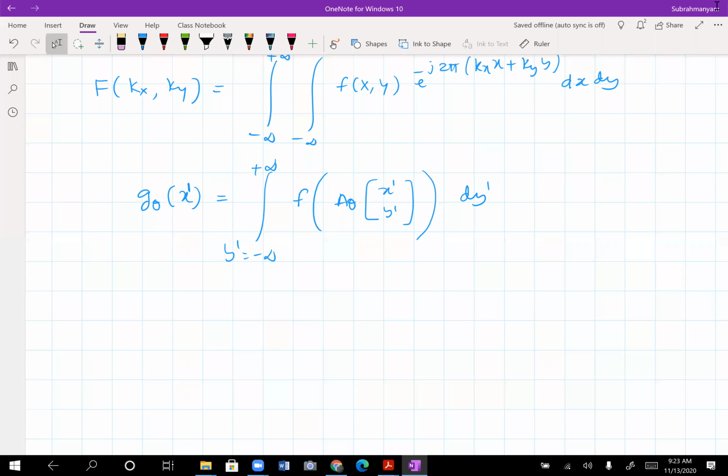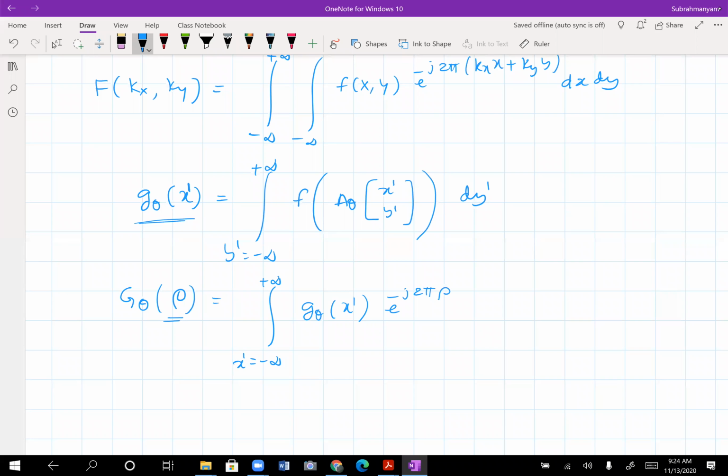Now, how do you write the expression for the Fourier transform of it? G theta of rho is equal to the integral over x prime, which is the variable I need to vary, from minus infinity to plus infinity, of g theta of x prime times e power minus j 2 pi rho x prime. We are not in kx space now; this is rho.